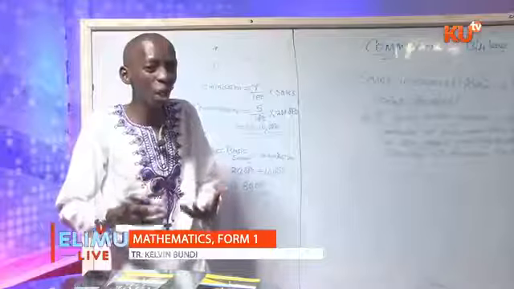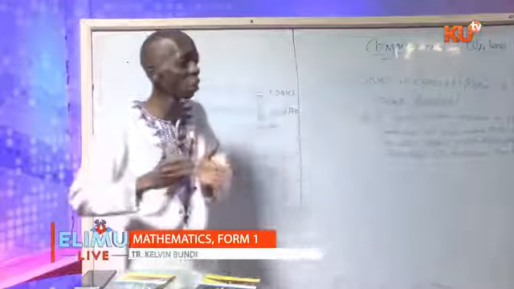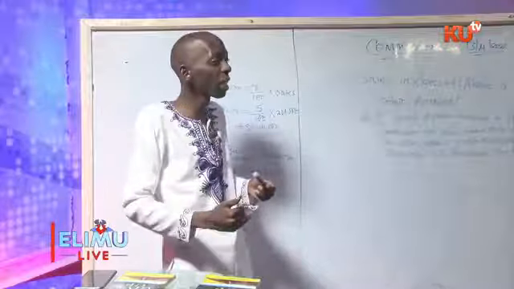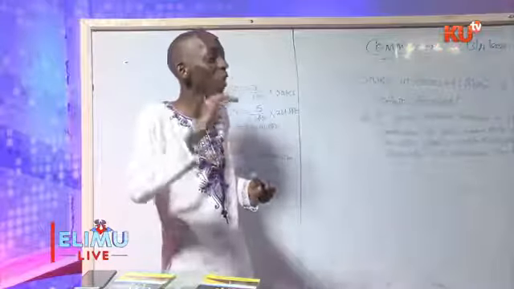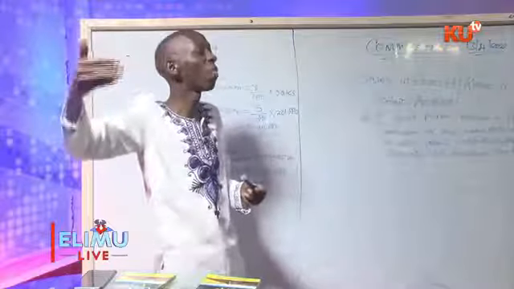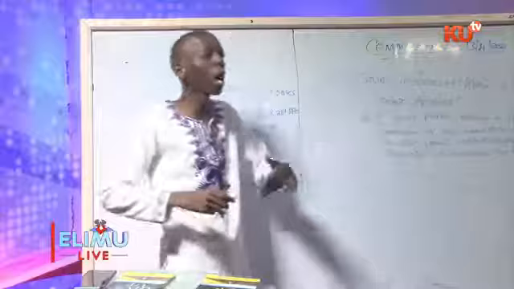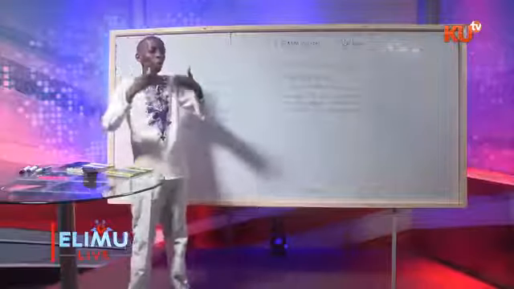If he sells goods worth 100,000 shillings, he is not going to get any commission. But if he sells goods above 100,000 shillings, he will get the commission for the goods which are above 100,000 shillings.